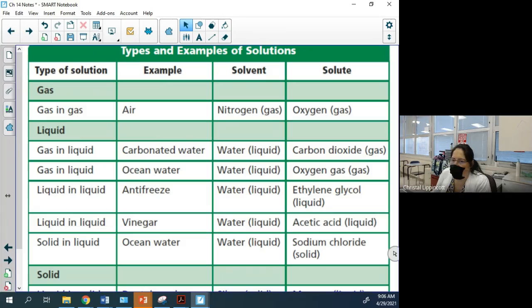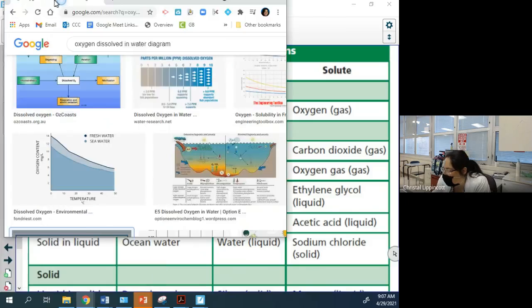What happens is, let me see if I can find a picture of this. Oxygen dissolved in water diagram. Here we go. It's always better to show. These people do better drawings than I do.